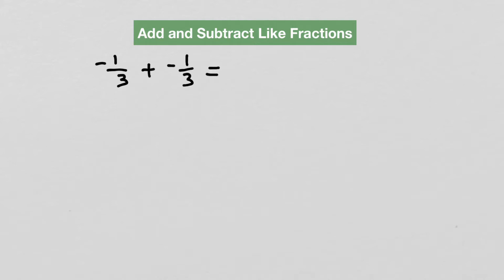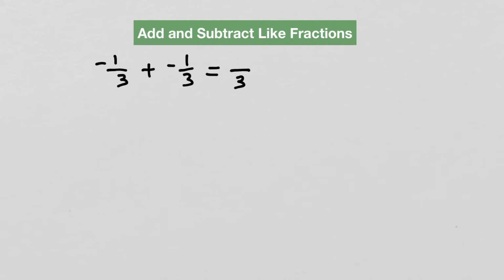Okay. Again, the rules apply here for both the fractions and adding negative integers. In other words, we start with the denominator and we know it's going to be a 3, okay, because both denominators in this problem are a 3. Then we just add the numerators.